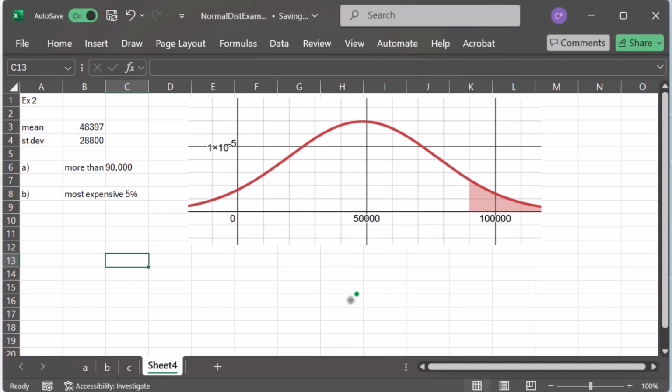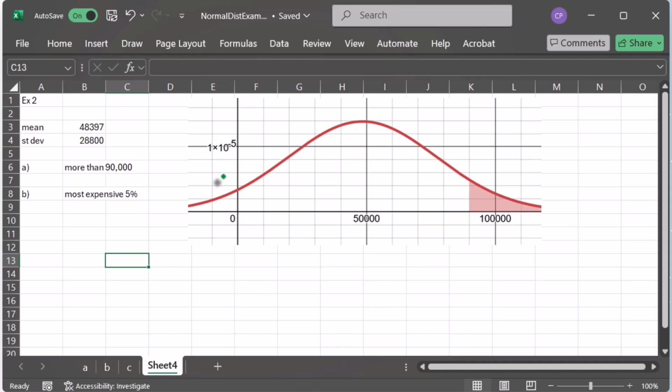You don't need to have the axes perfectly correct here, but put in the center 48,397, and 90,000, the number that we're looking at in this problem, is definitely higher than the mean. So you should have some kind of mark off to the right-hand side of the bell curve. And in this case, we're looking at the probability of getting a car more than $90,000. So we're shading in to the right of that 90,000 mark.